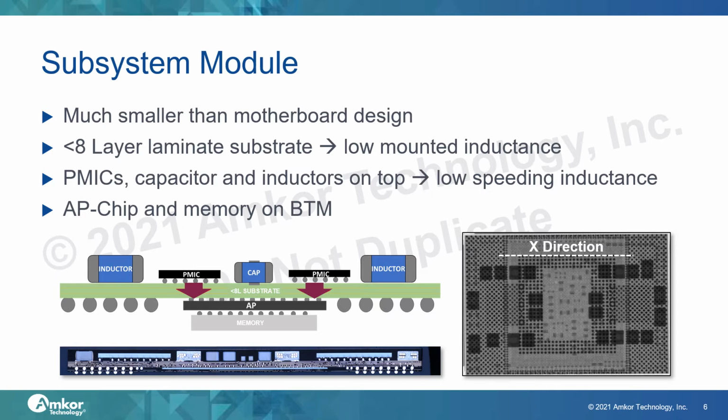And the AP and memory were placed on bottom. PMICs were placed on top above the AP. It enabled very short coupling paths between PMIC and AP. This design scheme can reduce spreading and mounted inductance.